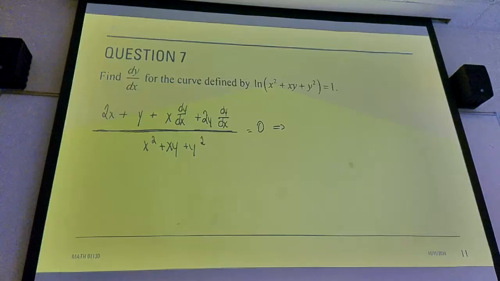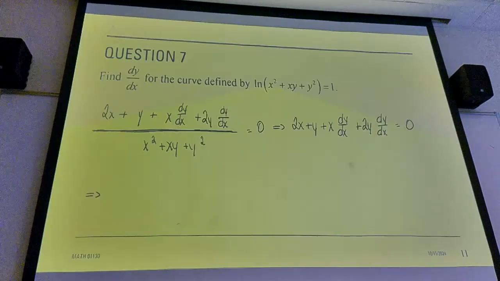Multiply both sides by the denominator, we just get rid of the denominator. All right.